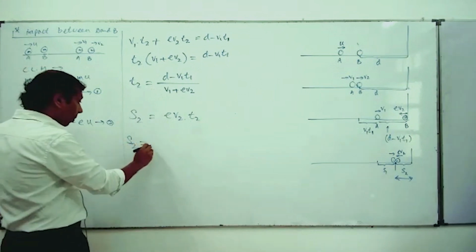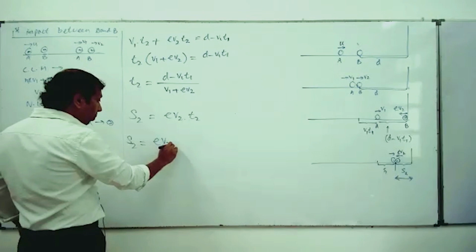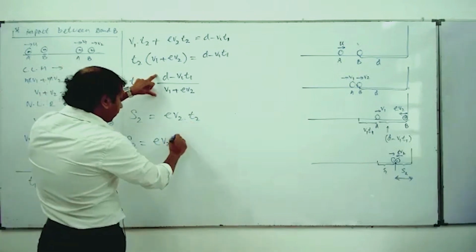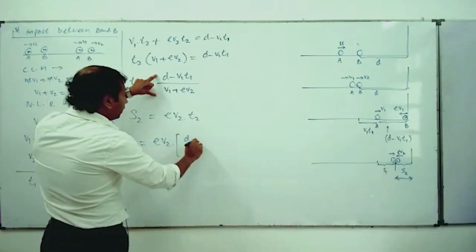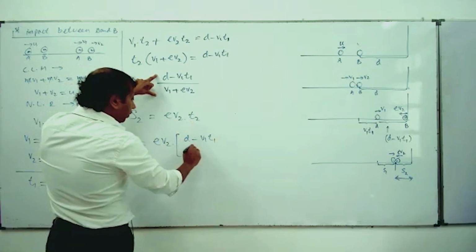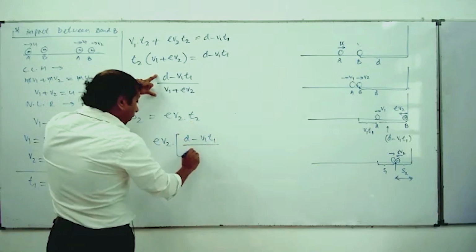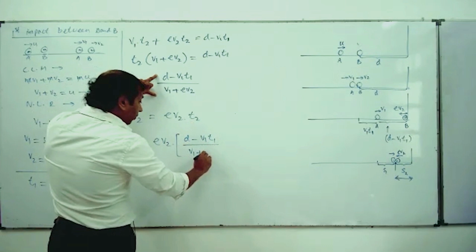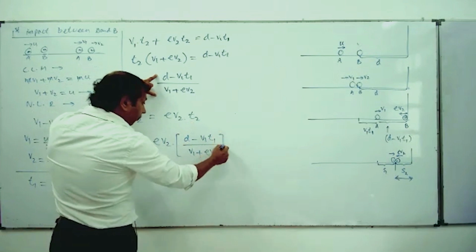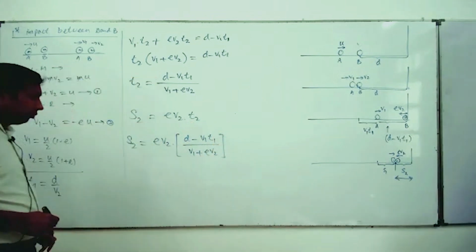S2 equals EV2 T2. T2 is this: D minus V1 T1 divided by V1 plus EV2. Right?